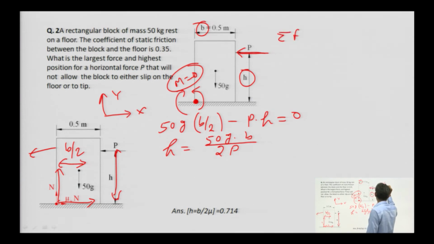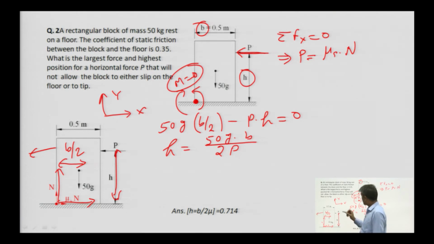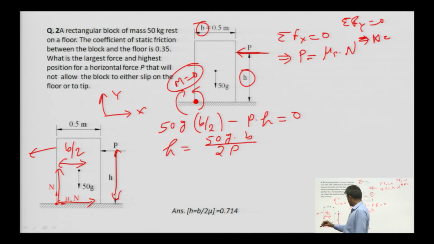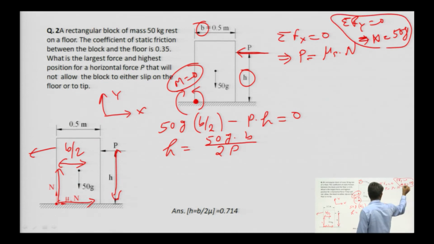If I apply sigma Fx equal to 0, then I will get P is equal to mu s into N. And the value of N will be calculated if we apply the equilibrium condition in the perpendicular direction, that is Fy. If Fy is 0, then the value of N will be 50g. So by putting the value of N as 50g, we will have P equal to mu s into 50g.